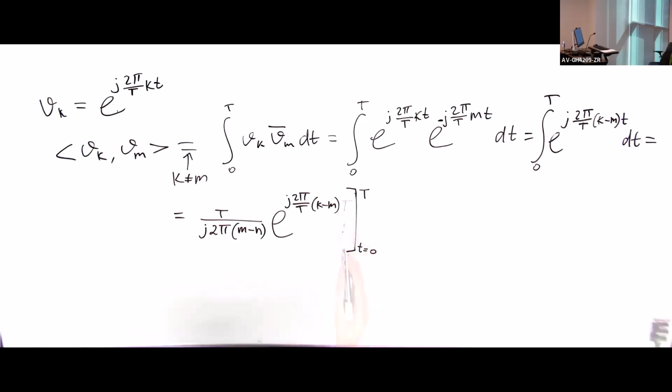So this T will cancel with this T, and you'll have j times pi times some integer. But what is j times pi times some integer? It's like 2 pi times 1, 2 pi times 2, 2 pi times 5, 2 pi times a million, whatever.